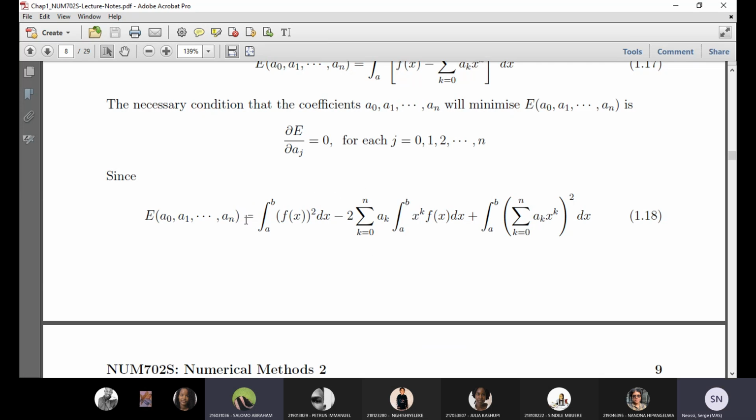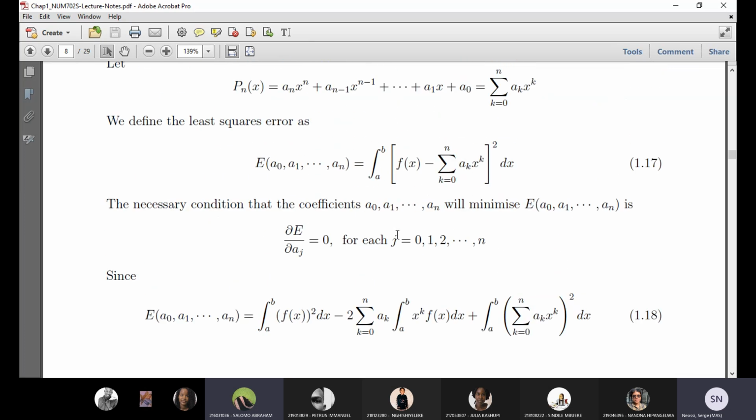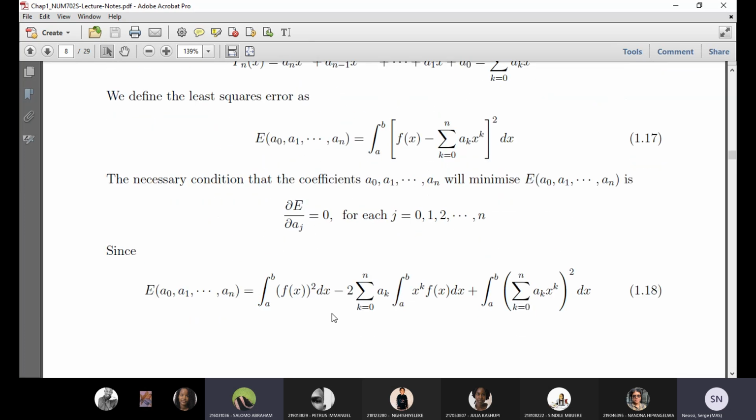So what I will do, I will copy this expression, and then I will expand it, because remember that this is the sum of the difference of two expressions. You have f of x, and you have this summation square. So we can expand this, right?